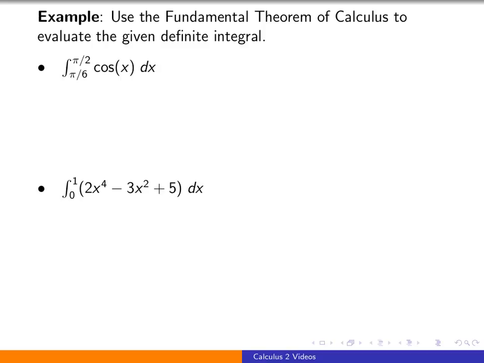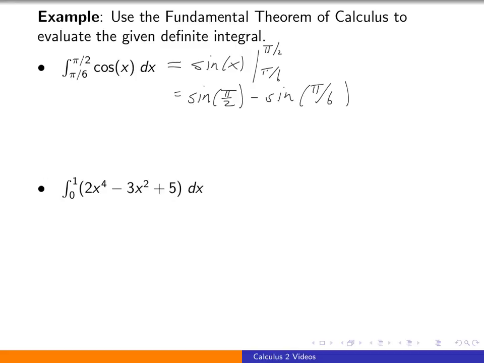Let's now look at a couple more examples. So the first one here dealing with trig functions. So as long as we know an antiderivative of cosine, we can evaluate this definite integral. And hopefully we recall the antiderivative of cosine is sine, and we need to evaluate this thing from pi over 6 to pi over 2. So we first plug in pi over 2, we put a minus sign, we plug in pi over 6.